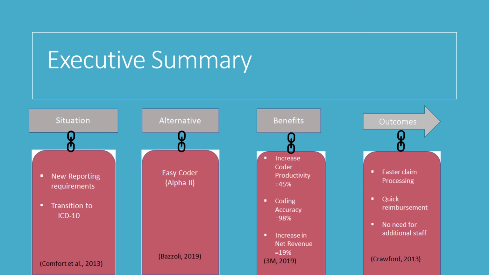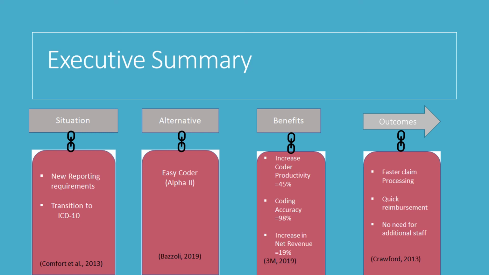Now, are there alternatives? Why, yes, there are. According to Bozzoli, there is one alternative. 3M has a compatible software called EasyCoder from Alpha 2. This is a web-based coding tool that enables administrative and clinical staff to look up codes, perform edits in one program.